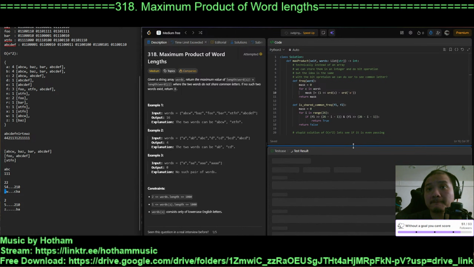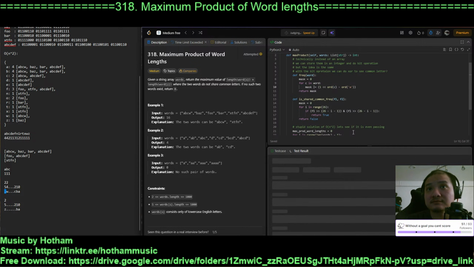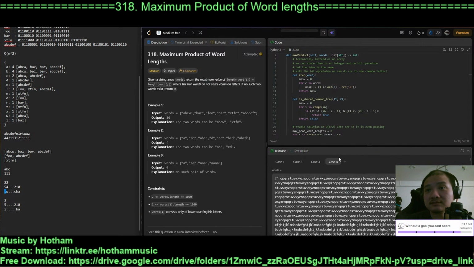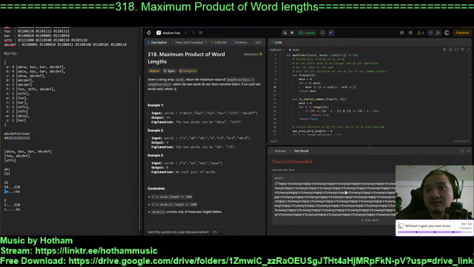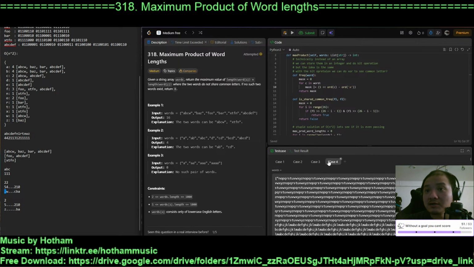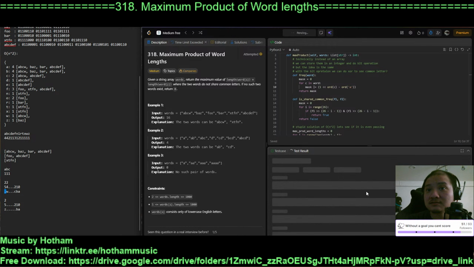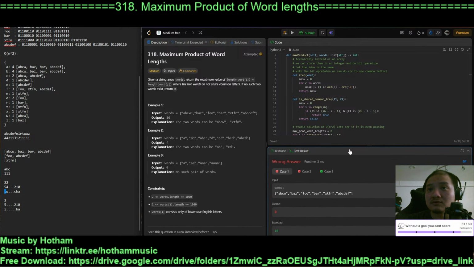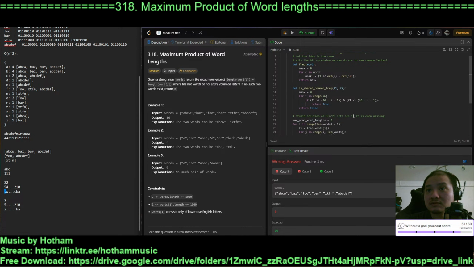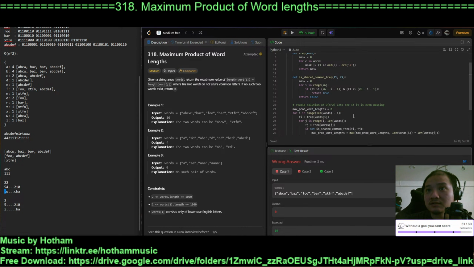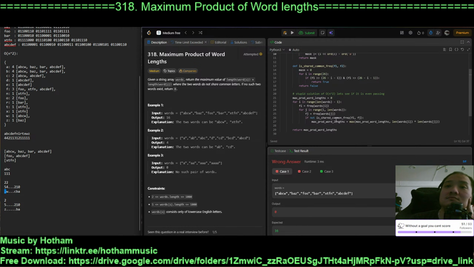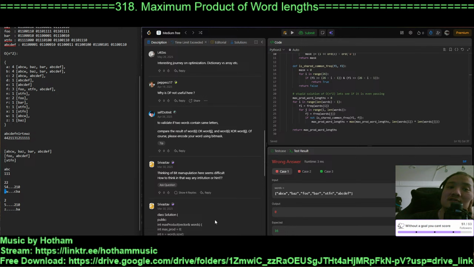Let's see. Does it even pass? Time exceeded. What? But first we've got to see if it even passed the normal test case. No. Really?